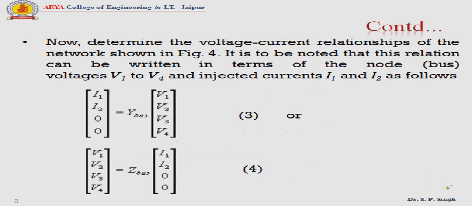Now determine the voltage current relationship of the network shown in figure 4. It is to be noted that this relation can be written in terms of the node voltages V1 to V4 and injected currents I1 and I2 as given in equations 3 and 4.